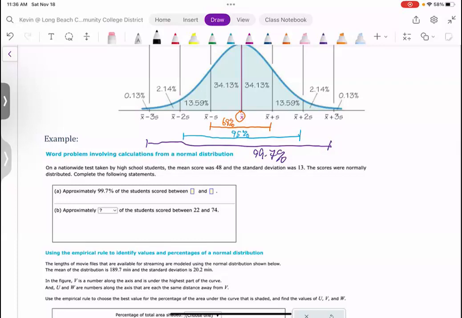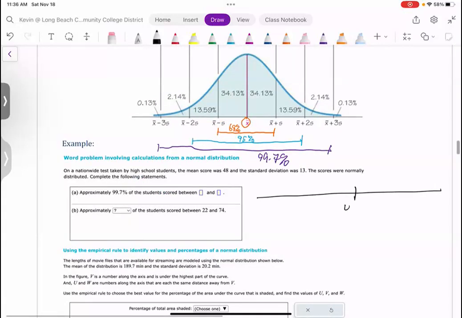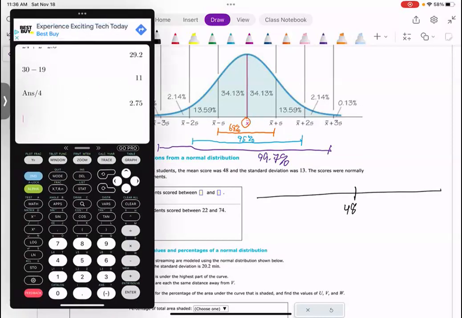Okay, so I'm going to do this. And right in the middle is going to be my mean, which is 48. And I'm going to go up 3 standard deviations. So 48 plus 13, plus 13, plus 13.